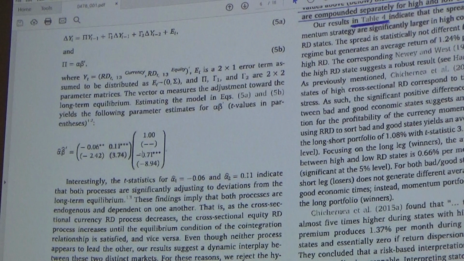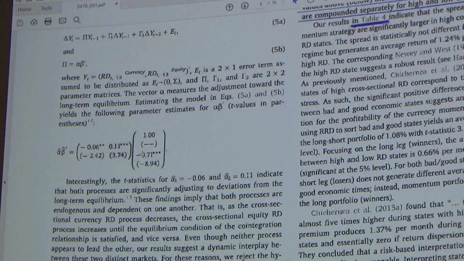There are easier ways to test for co-integration if you have just two time series, as we have here in this case. There's a much easier way how you can ensure that your processes are co-integrated. And this is basically what we want to go through just briefly here.